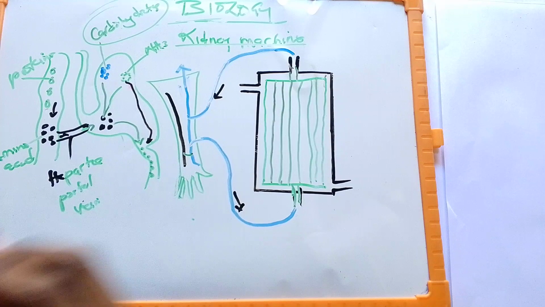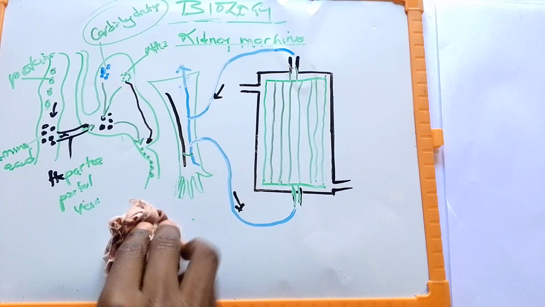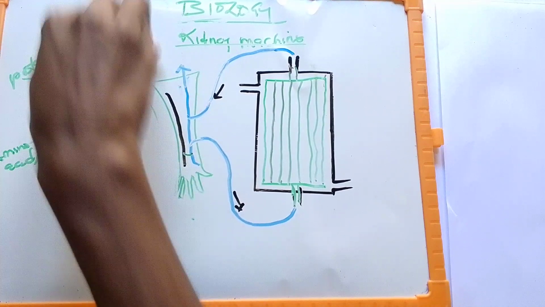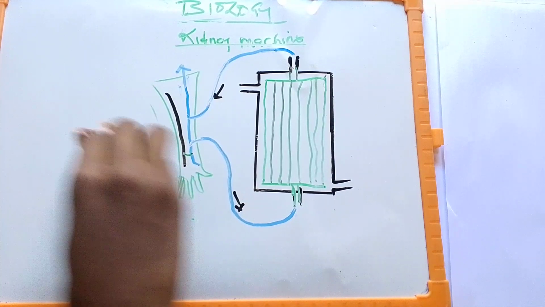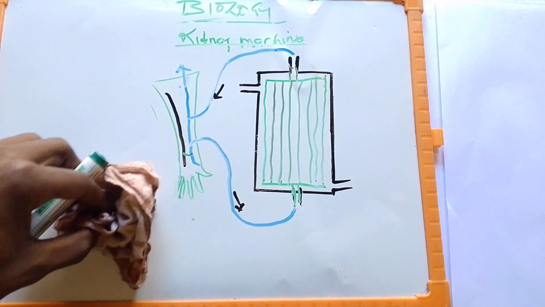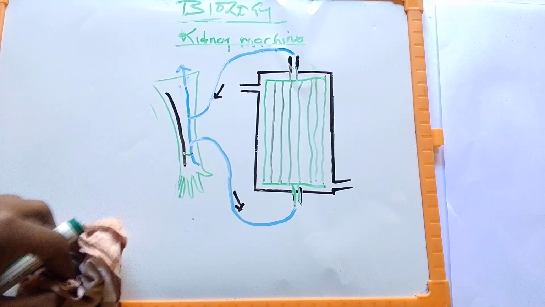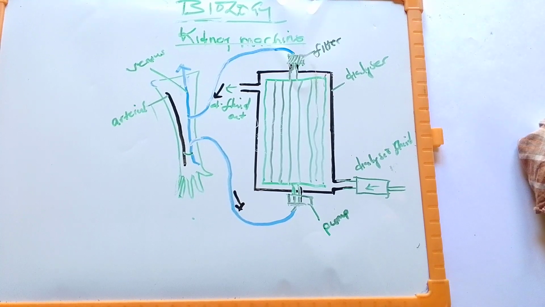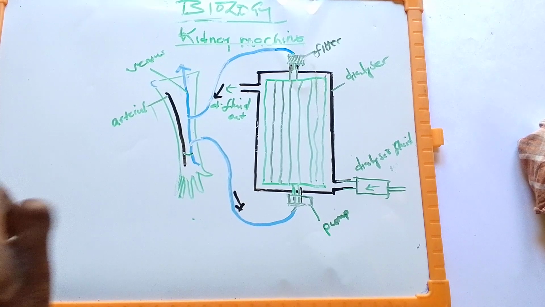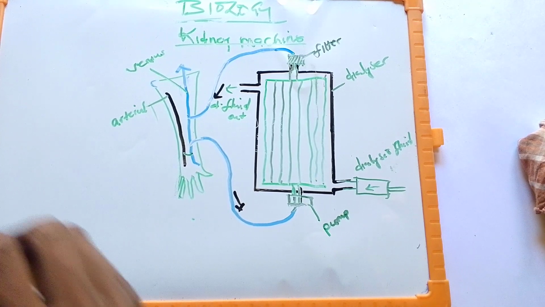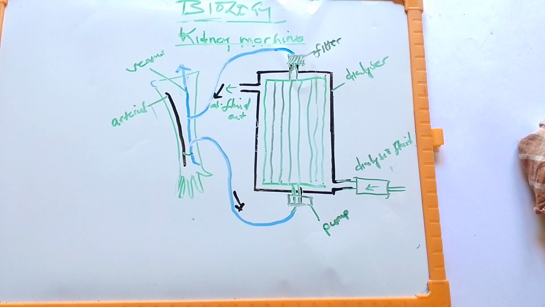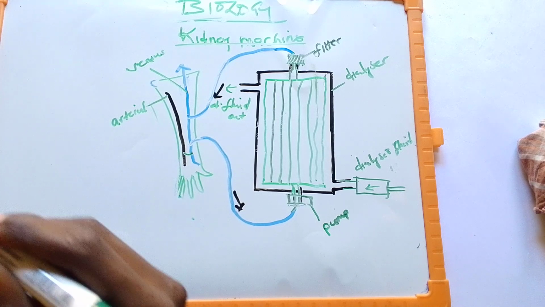Now we can look at the dialysis machine, how it is used. The kidney machine is a machine that is used for a patient who has kidneys which are not functioning properly, or they are damaged.